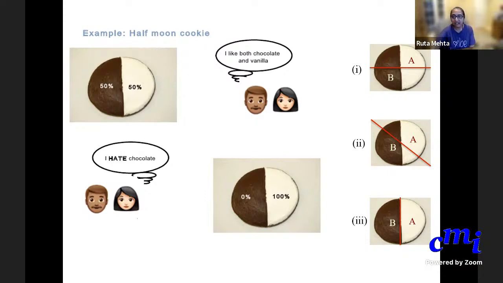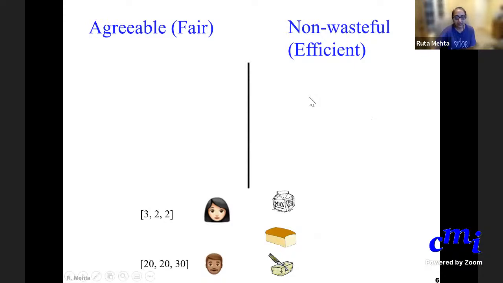In that sense, the third is definitely much more optimal and fair than the first outcome. Okay, so with this example in hand, let's start formalizing things a bit more. Now I'm going to tell you a bit about the different efficiency and fairness notions that are used.